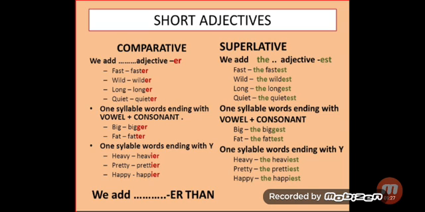For example, fast, faster, wild, wilder, and in superlative adjectives, fast, the fastest, wild, the wildest. A noun defined by superlative adjectives is always preceded by the definite article the.